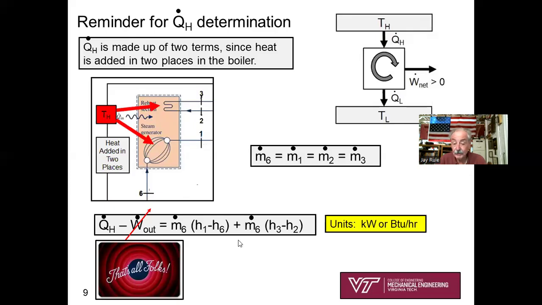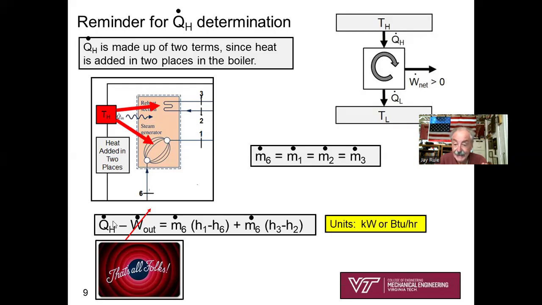So here's the statement of the first law for the entire steam generator. Steady state, steady flow, it's going to have 1, 2 inlets, and 1, 2 outlets. So you're good with the first law: 2 inlets, 2 outlets, steady state, steady flow.